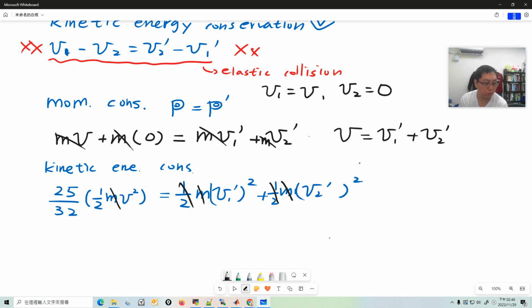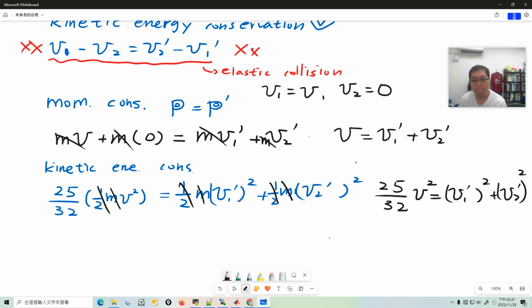So we have 32 v squared equal to v1 prime squared plus v2 prime squared. Right now we have two unknowns, v1 prime and v2 prime, and two equations. So that tells us we have one solution.